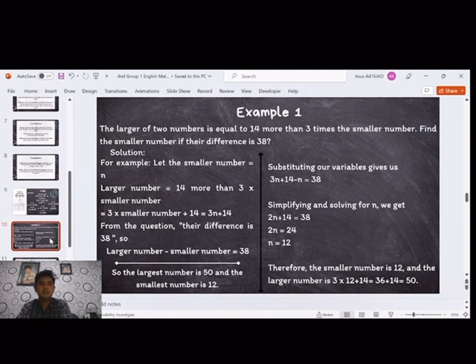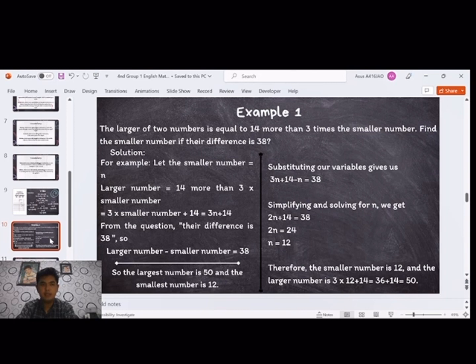So next, example 1. The question is: the larger of two numbers is 14 more than 3 times the smaller number. Find the smaller number if their difference is 38. So the solution is, let the smaller number equal n.